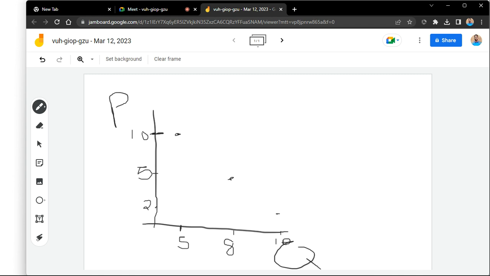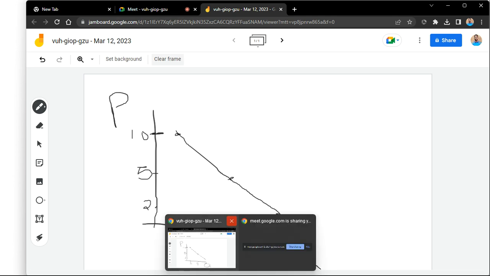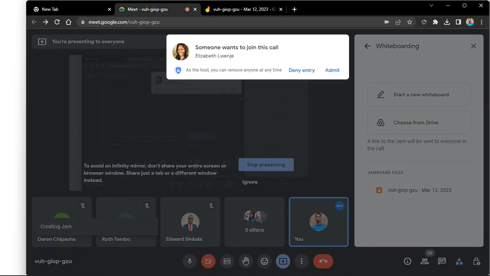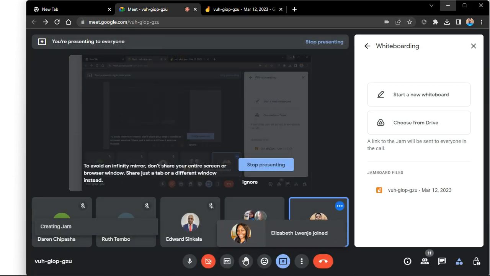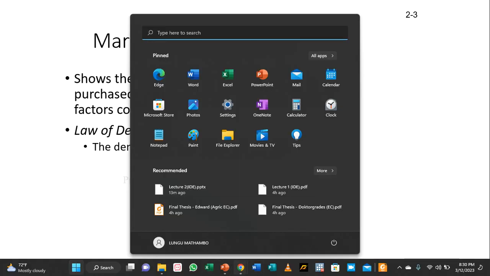So what the market demand curve does is give us a snapshot of how much is demanded at various prices.